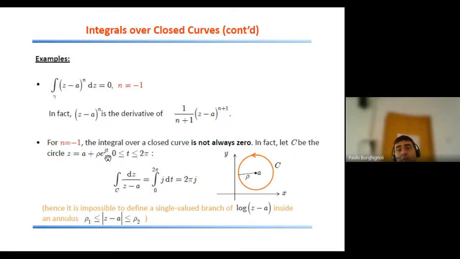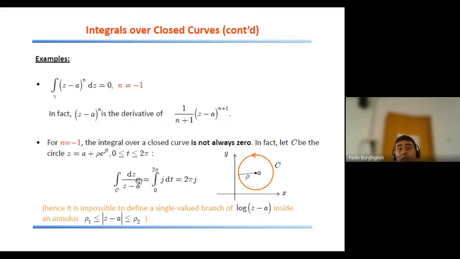In this case, the parameter has the meaning of an angle that goes from 0 to 2 pi. And rho is, of course, the absolute value of this complex number, and that's the radius of the circle. What we will integrate is the function 1 divided by z minus a, which is z minus a elevated to the power -1. Okay, let us see what happens.